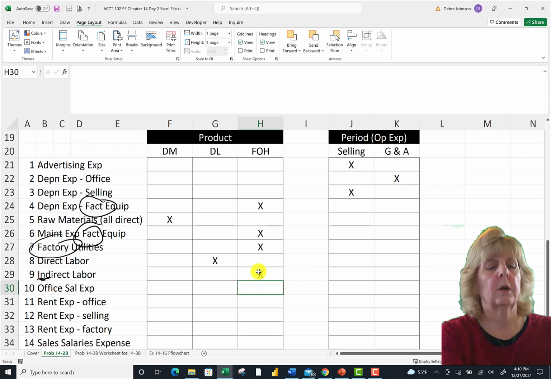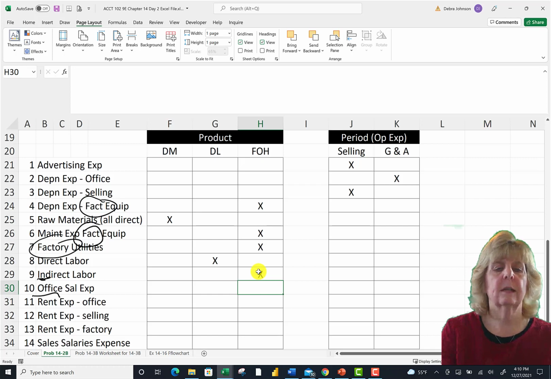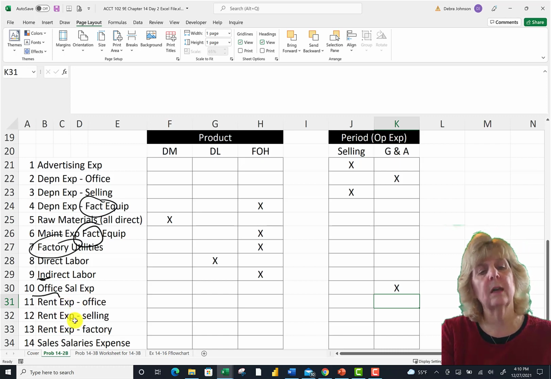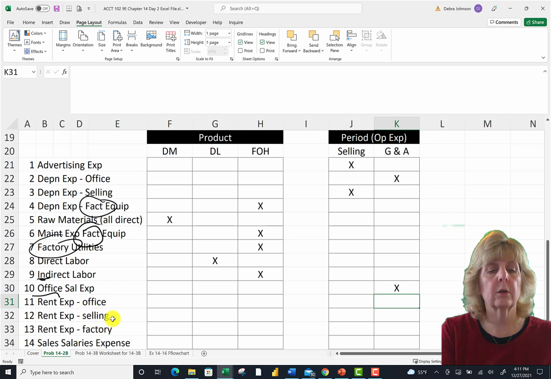Okay, the next one, number 10, office salary. As soon as I see that word office, I realize that it's a general and administrative expense. And then the next three categories are all rent, but you'll notice that the three rent expenses are for different parts or for different facilities.